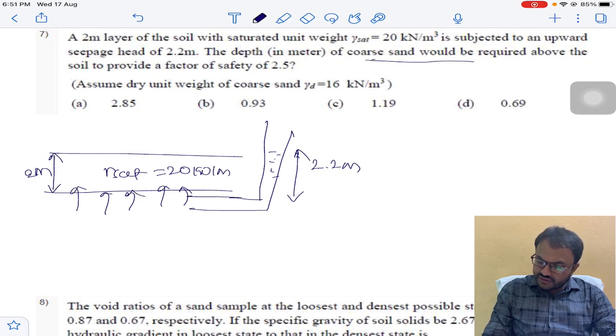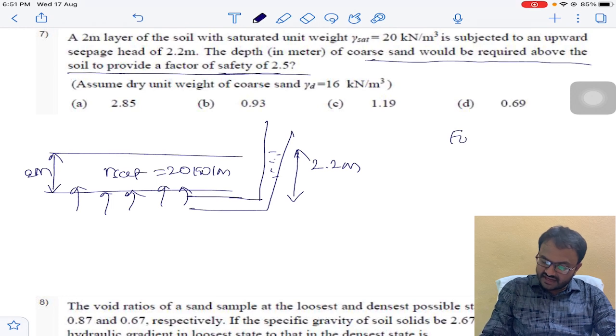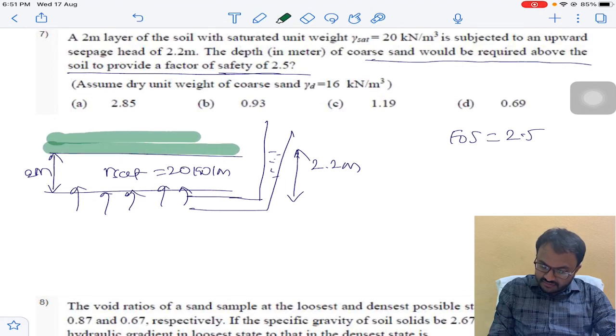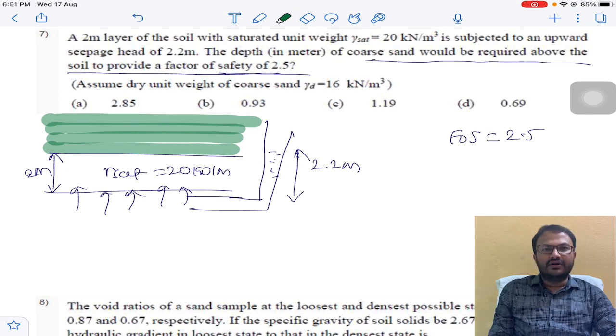The depth of coarse sand that would be required above the soil to provide a factor of safety, he has given factor of safety is equal to 2.5. So here we need to provide a certain depth of the coarse sand layer to obstruct this seepage force by a factor of safety of 2.5.